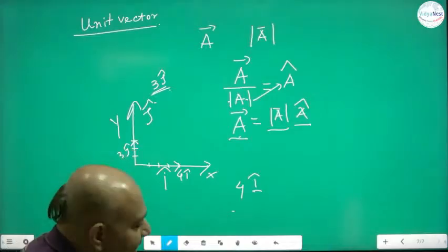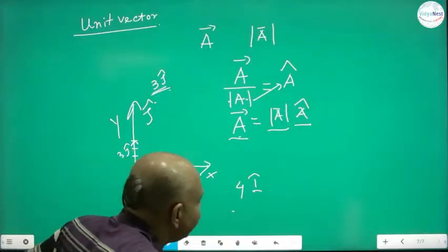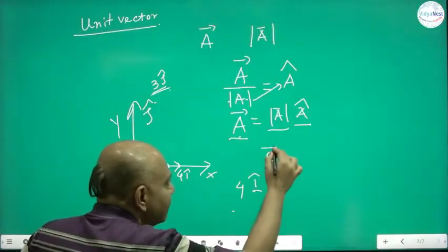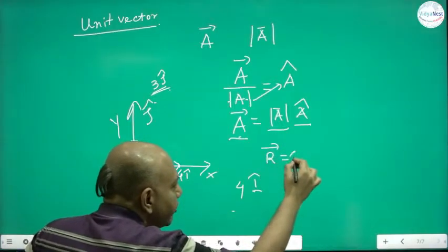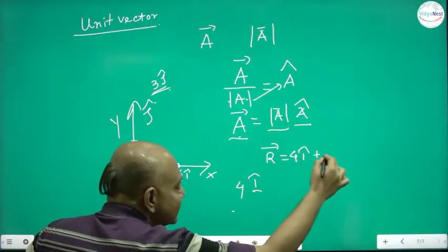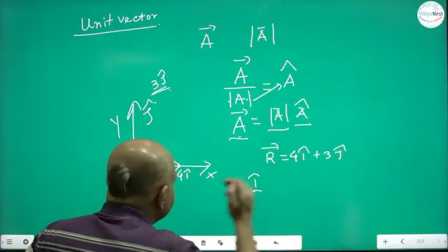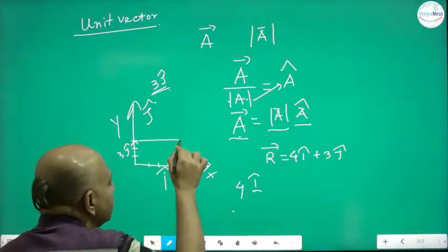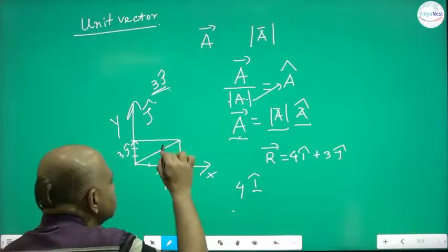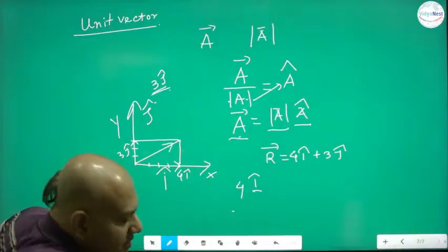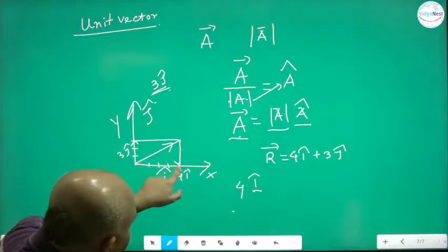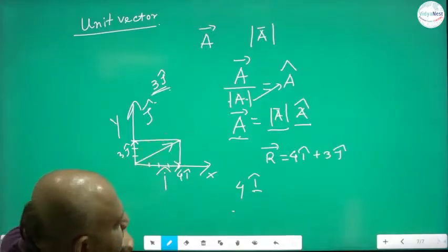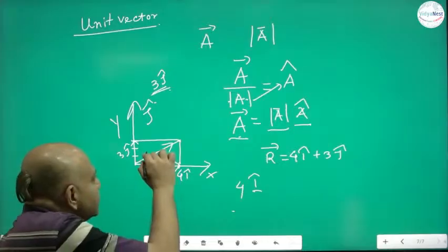Finally, if I want to get the total vector, suppose a vector R, I am writing 4 I cap plus 3 j cap. You can see this is 4 I cap, 3 j cap. Ultimately, I am going to get this one. This is R, isn't it?